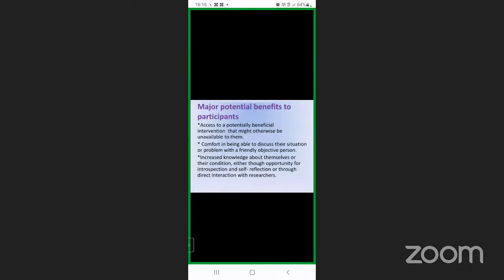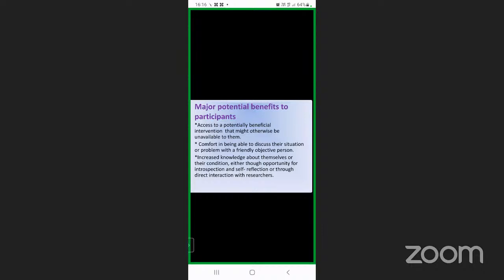So what are the potential benefits to the participants? They will get some financial benefits. They will get some intervention. Then the comfort of being able to discuss their situation or problem with a friendly, objective person.